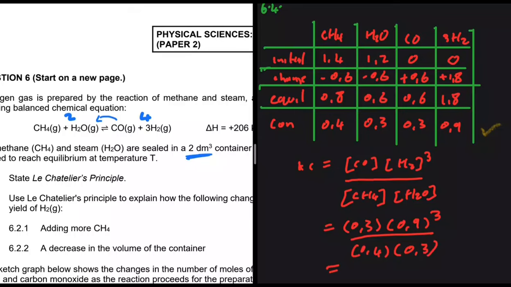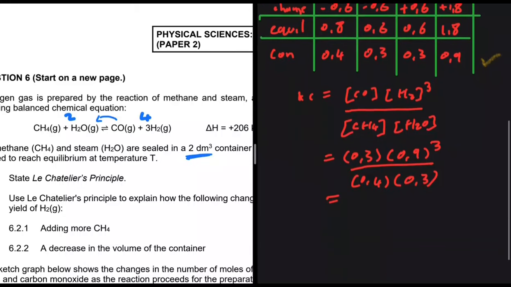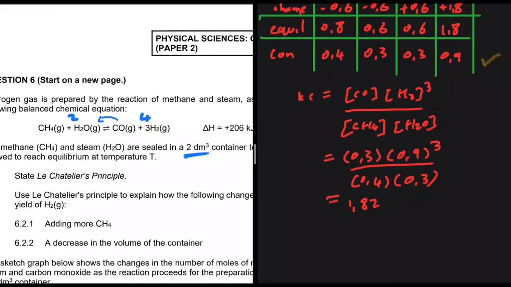Let me just do that real quick. 0.3 multiplied by 0.9 to the power 3 divided by 0.4 multiplied by 0.3. And then I get 1.82. Right, that's it. We don't have an SI unit for Kc. So there we go. That is the Kc, the equilibrium constant for this reaction.